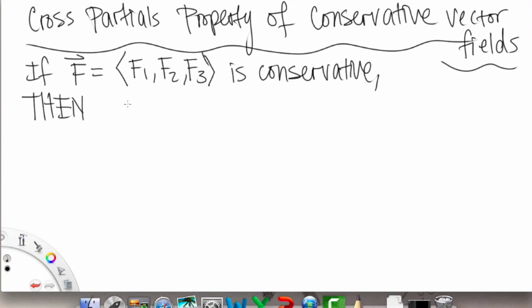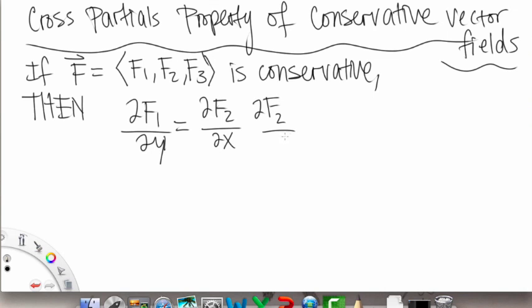We're going to have that the partial of the first component with respect to y is equal to the partial of f2 with respect to x. Okay, so that's comparing the first two, right? Now we'll compare the last two. So the partial of f2 with respect to z should be equal to the partial of f sub 3 with respect to y. So here's a comma in between. I'll just draw a line.